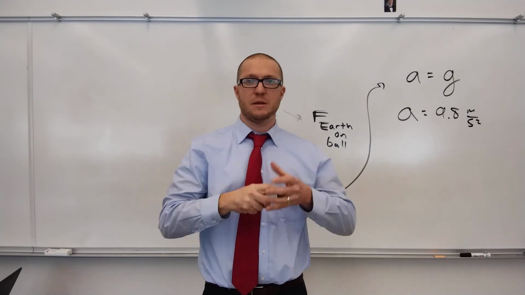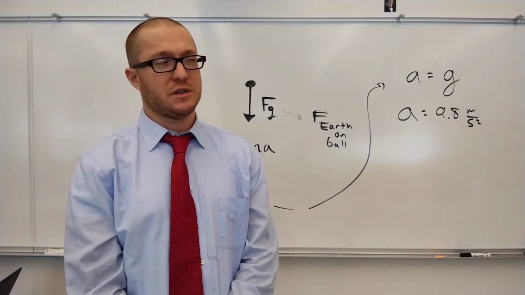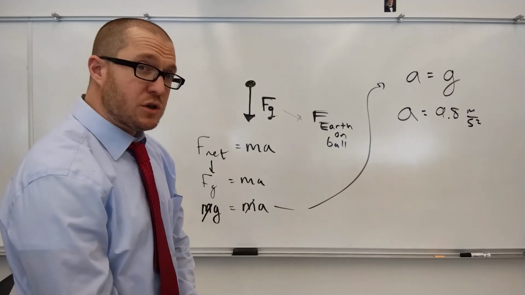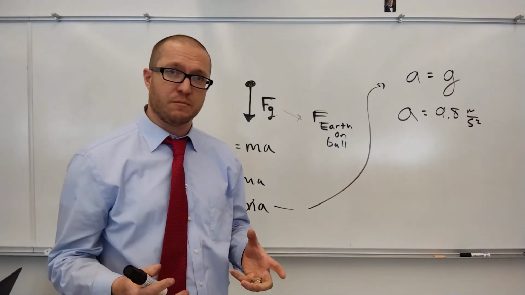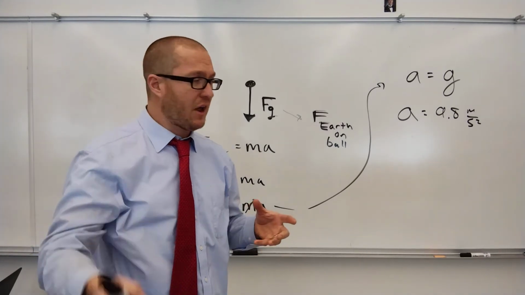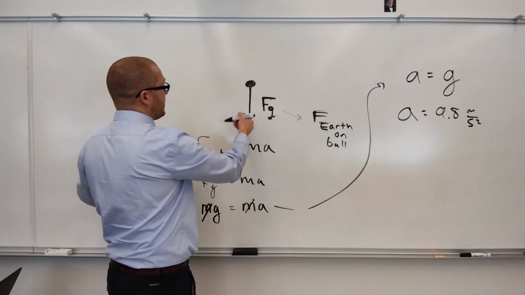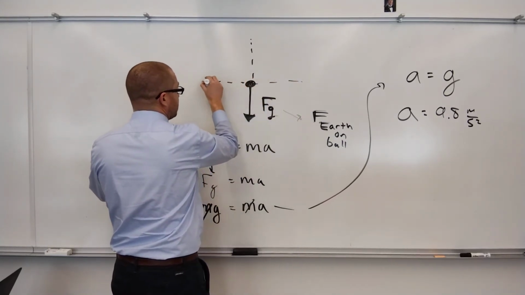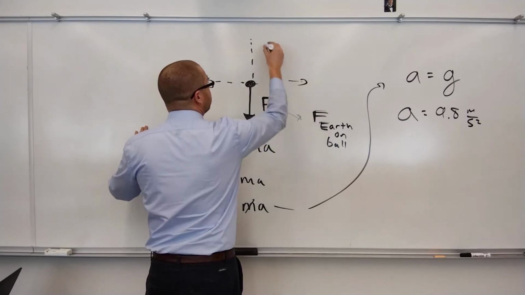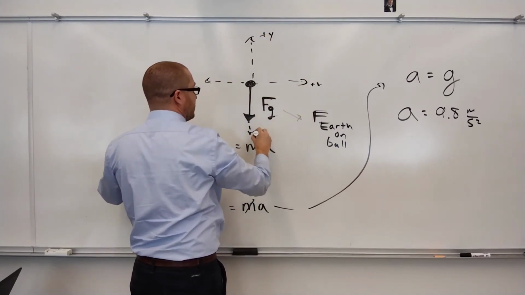Now keep in mind this is the magnitude of the acceleration. So if I really want to know the acceleration of the ball in terms of positive and negative, I have to come up with a system here. I'm going to say down is negative, so I put a coordinate system on this: positive y, positive x, negative y.